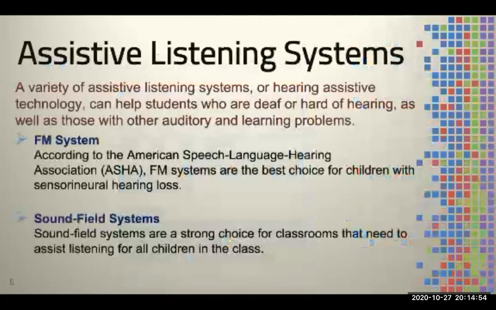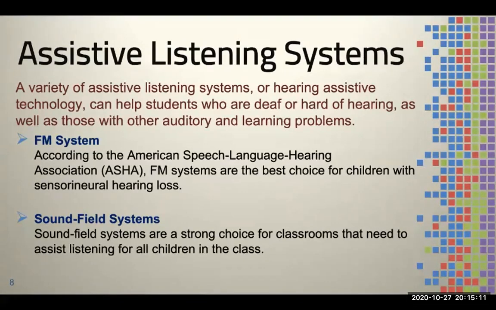A variety of assistive listening systems, or hearing assistive technology, can help students who are deaf or hard of hearing, as well as those with other auditory and learning problems. According to the National Association of the Deaf, assistive listening systems can enhance the reach and effectiveness of hearing aids, or be used by children who do not need those tools but still need help hearing.